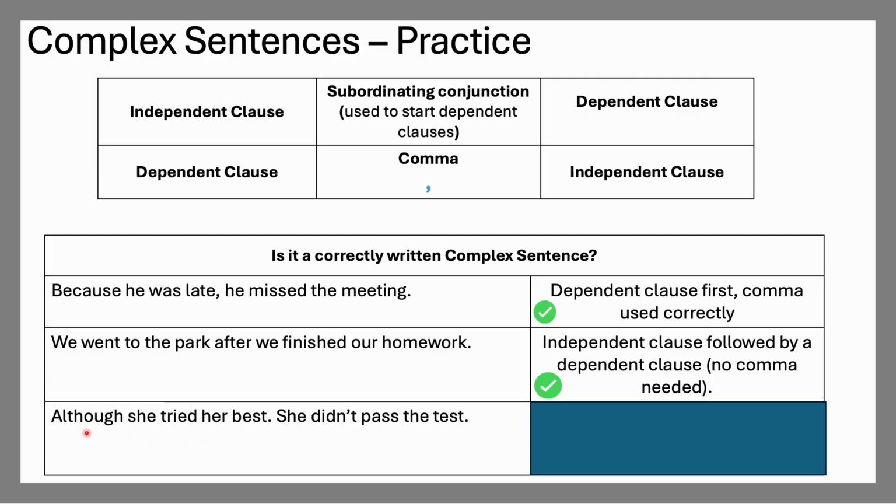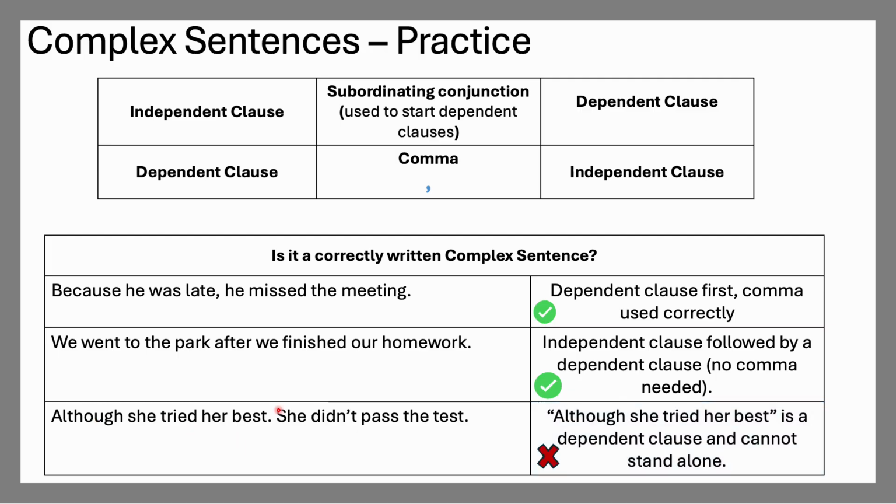So although is a subordinating conjunction. We're stuck. It is a dependent clause. I need something. It cannot stand by itself. This right-hand side, it is a complete sentence. We have she didn't pass the test. I have a subject and a verb and a direct object. So because I have a dependent clause followed by an independent clause, how would I fix it? I would just change that period to a comma. So it is incorrect. You would need to make an adjustment, a revision.